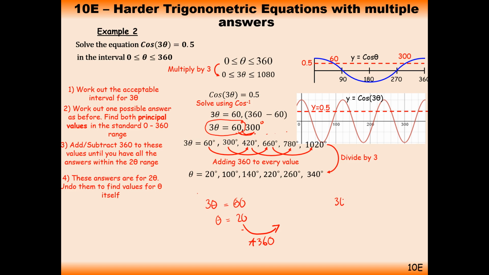They say 3 theta is 300. They found the first two principal values correctly, and they say theta is 100, and I'm going to add 360. What's wrong with that? Well, 460 is not the right answer.